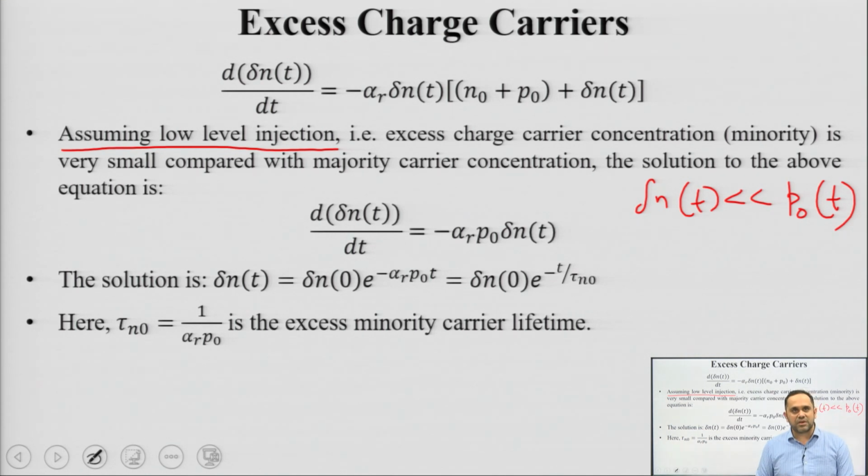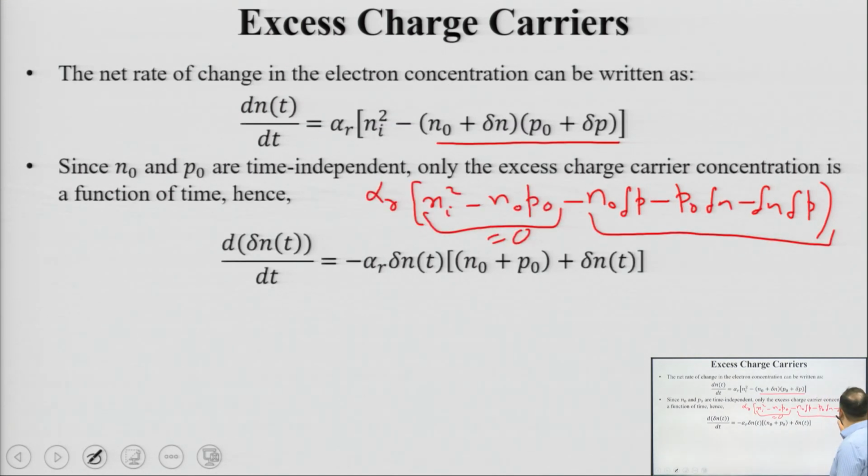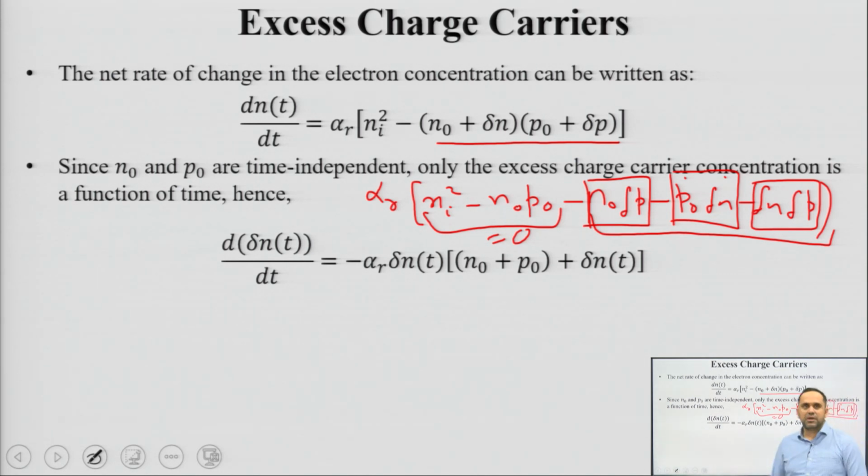In this assumption, first of all, you can ignore this product of excess charge carriers, which is a very small number. And for a p type semiconductor, you can ignore this, and for an n type semiconductor, you can ignore this. Because for a p type semiconductor, the product of the minority electrons and the majority holes will be more suitable.